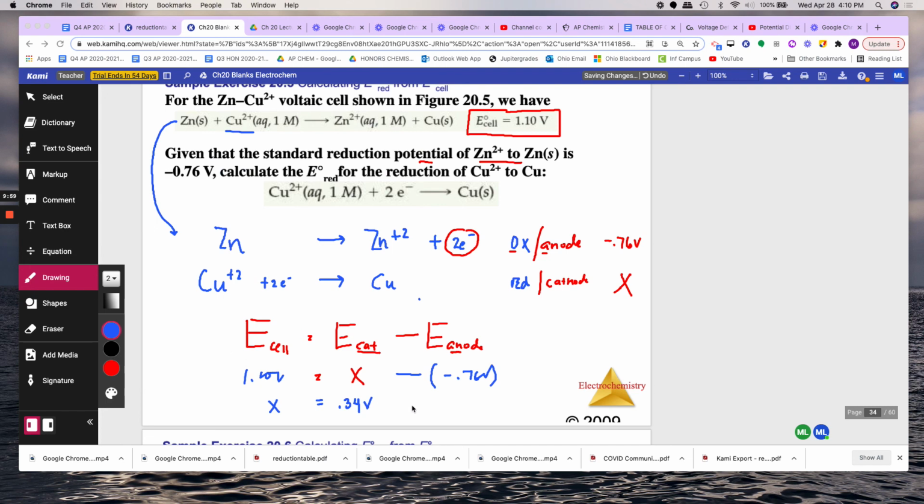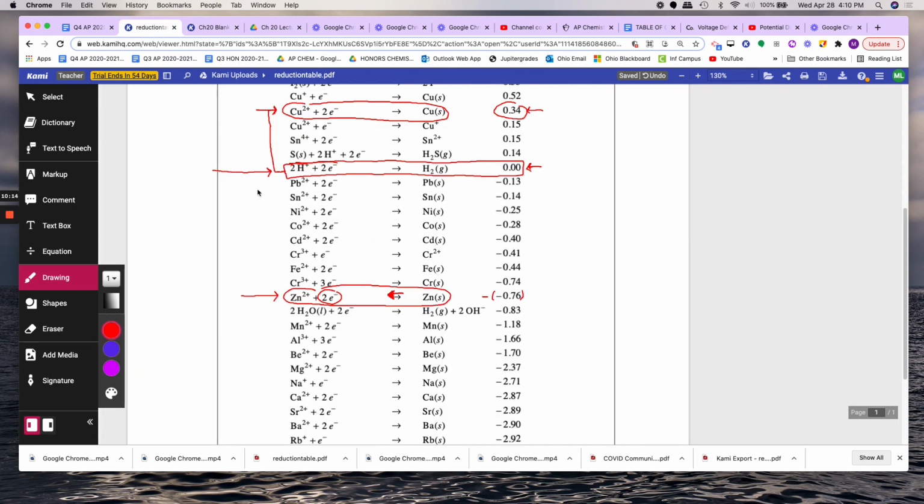So X equals 0.34 volts. So that is the standard reduction potential for copper. Copper plus 2, taking in 2 electrons to become copper. And as you can see, if you look at the chart, it is 0.34 right there. So you just solve for it.